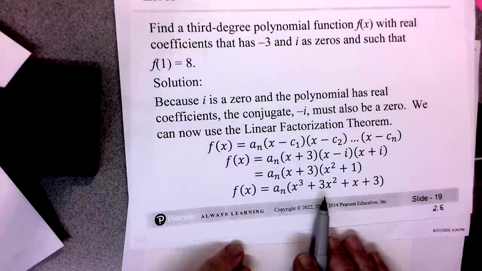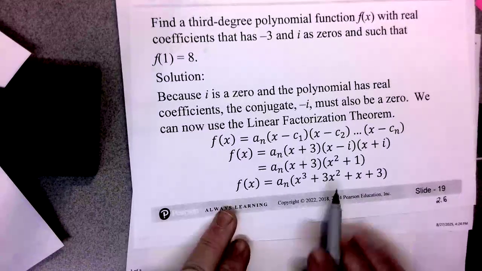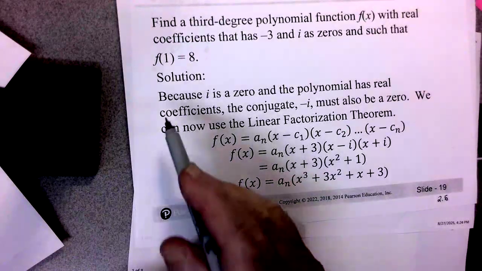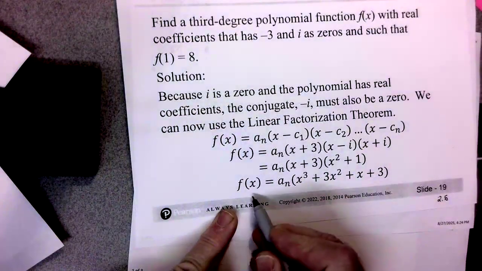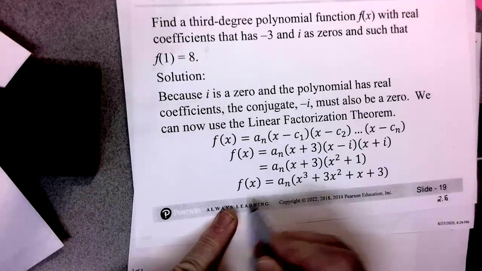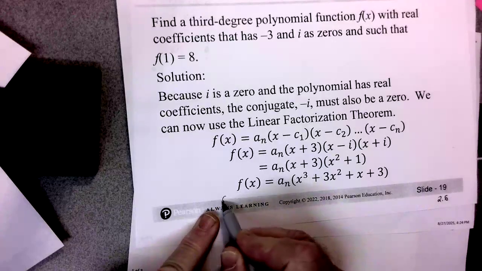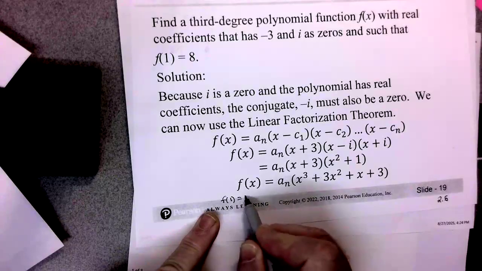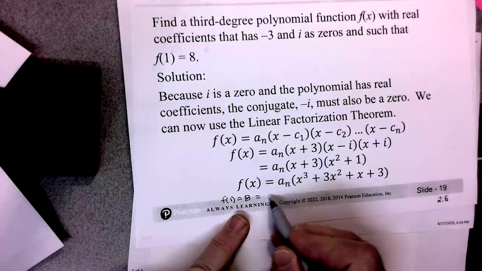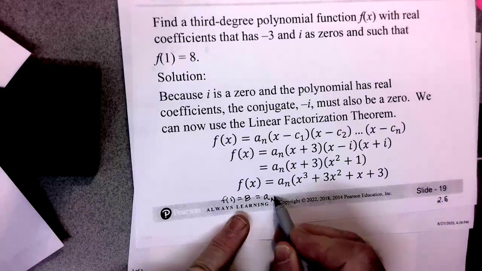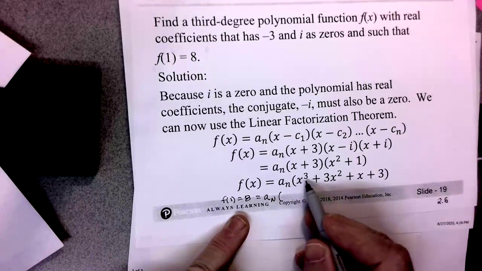Now, the finishing step on this is they told me that when the function is evaluated at 1, it's 8. So you just come back and say, well, I know that the function evaluated at 1 is equal to 8, which is equal to a sub n times, and then you replace 1 here, right?